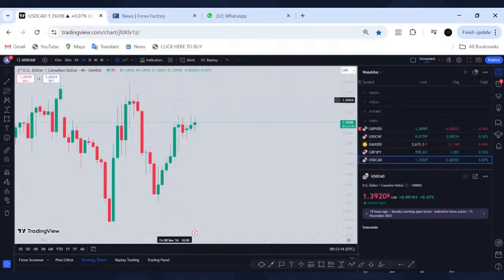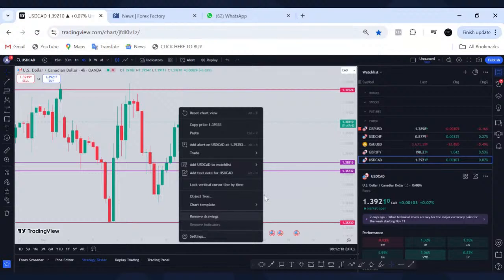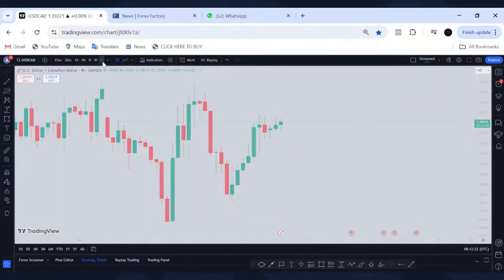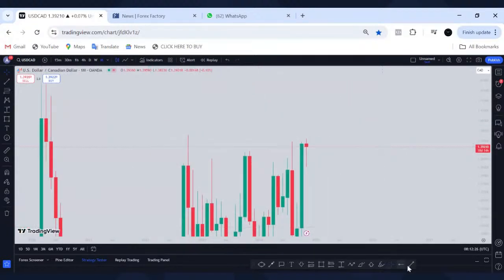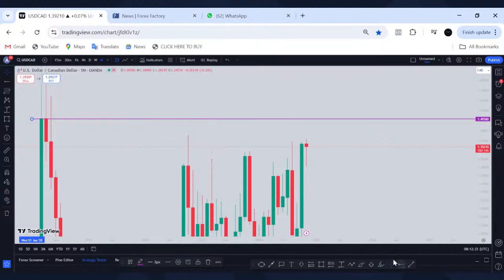So moving to USD CAD. On USD CAD, on the monthly time frame, price has created a support over here.